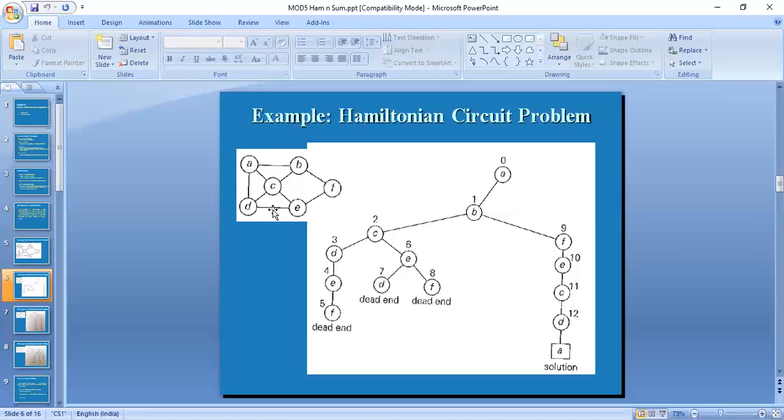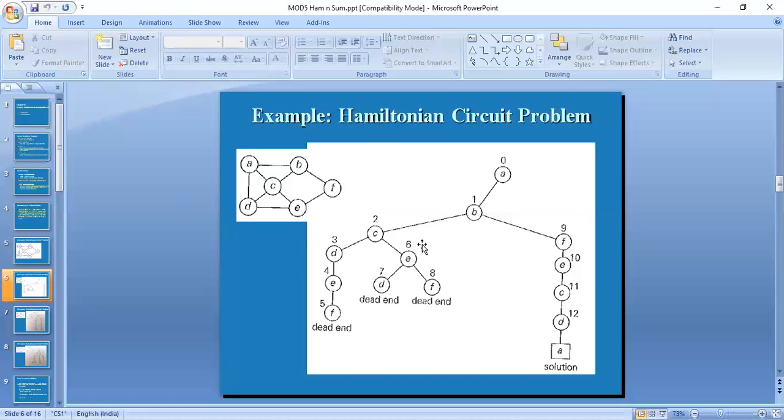Why? Because we have left out one of the remaining vertices. What is the vertex which is unvisited? F is not visited at all. So it becomes a dead end. There is no edge existing from D to F. If there existed a path from D to F and F to A, you could have got a solution.